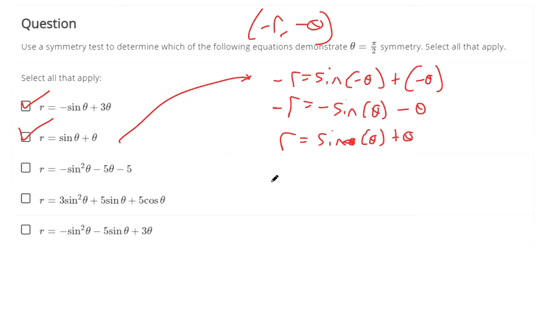Okay, and now if we plug it into this third one, we have negative r equals, now this is being squared, okay? So sine of negative theta, if you square that, that's just going to be sine of theta squared. Because if you factor out the negative theta, if you use the fact that sine is odd and take the negative sign on the outside, you're going to square it, so it's going to be even.